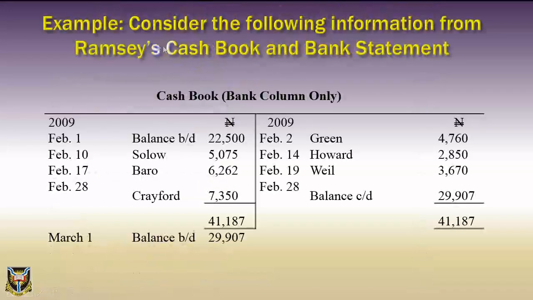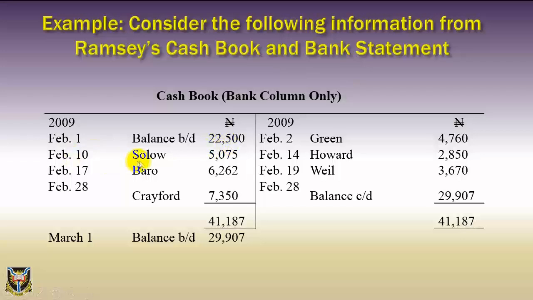Example: consider the following information from Ramsey's cash book and bank statement. Cash book, bank column only in brackets, 2009 in Naira. February 1, balance B/D, 22,500.